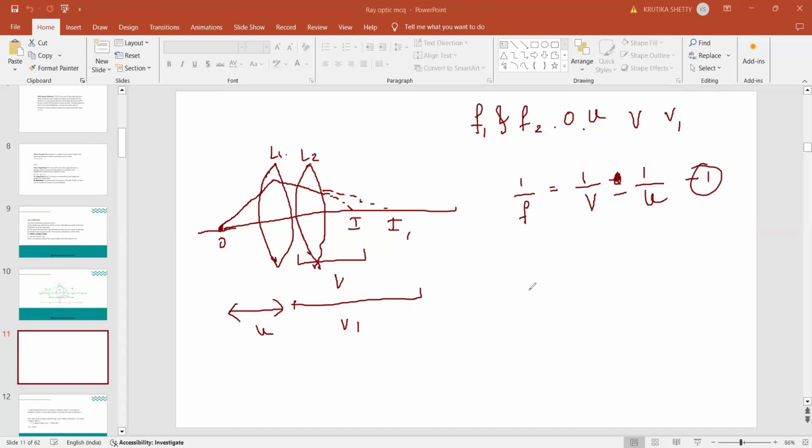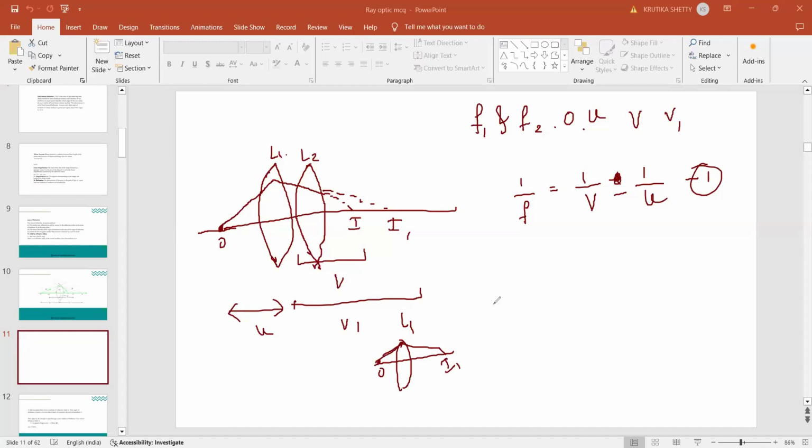Now, refraction at the lens L1 in the absence of L2. First, imagine the second lens is not there. L1 is the lens, the object is placed at O, and due to this object the image is formed at I1.